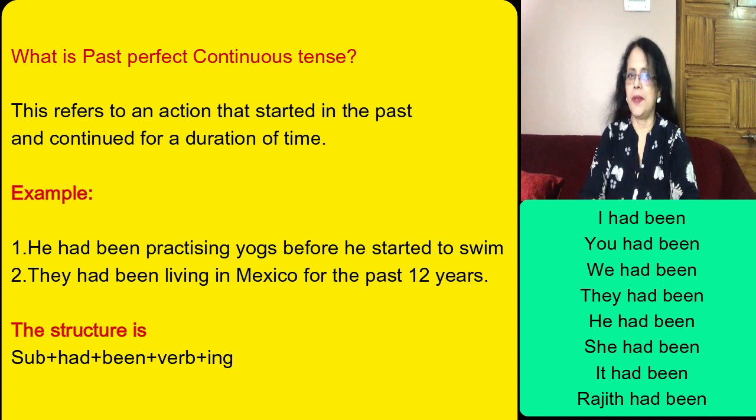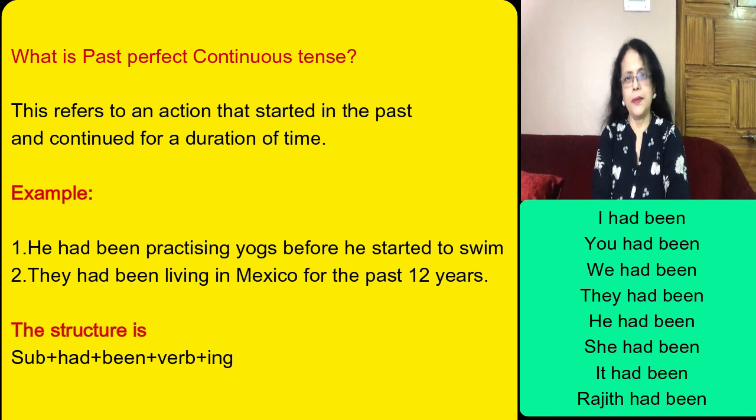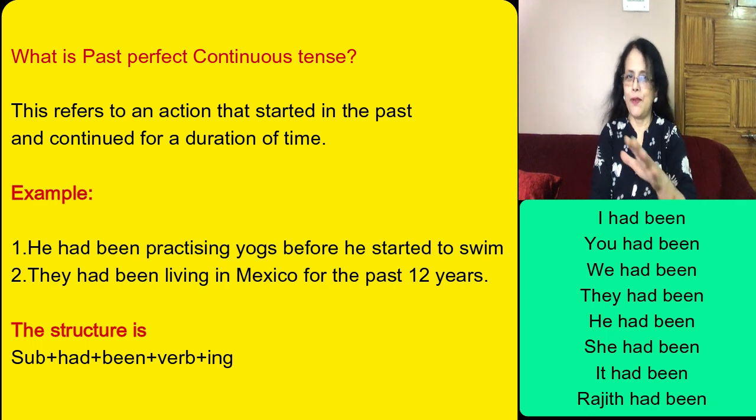Let's see some examples. He had been practicing yoga before he started to swim. They had been living in Mexico for the past 12 years. These two sentences show an action that had started in the past and continued in the past for a duration of time.